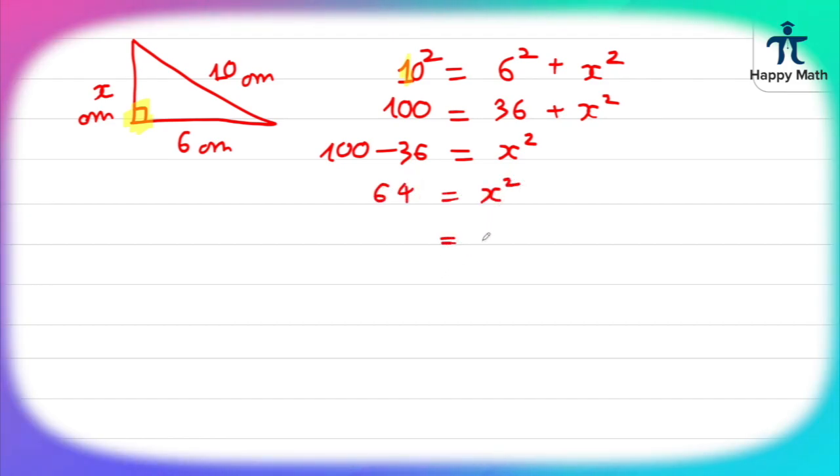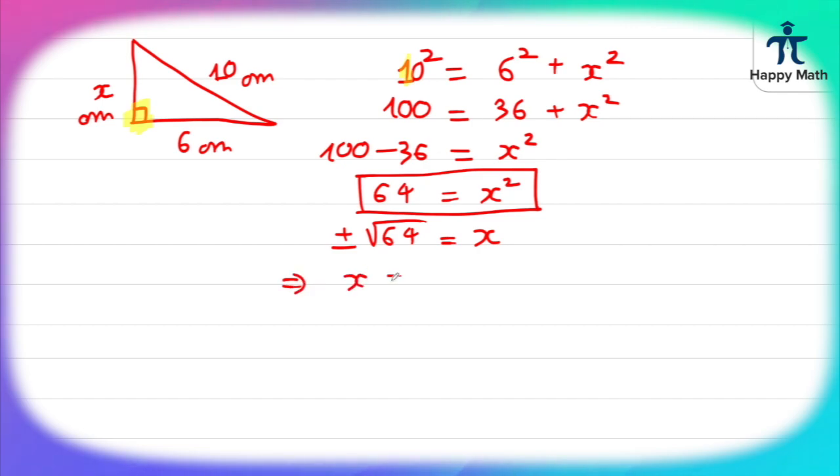Using basic algebra, you have 64, and then 8 squared equals 64. So 8 is plus or minus the square root of 64, but we have a problem, because in algebra you have to understand that this equation has two solutions. The first is x equal to the square root of 64, which is 8, and the next is the negative square root of 64, equal to minus 8.